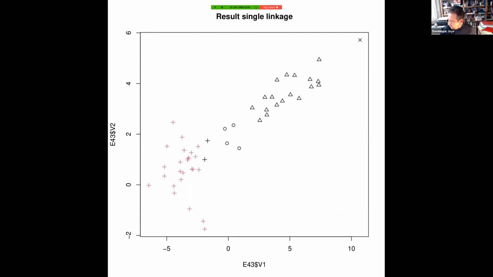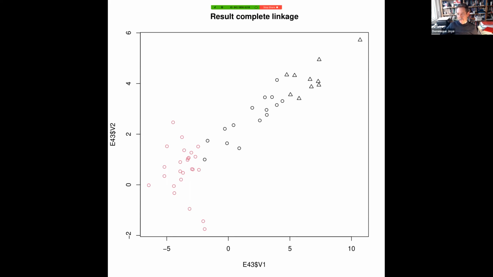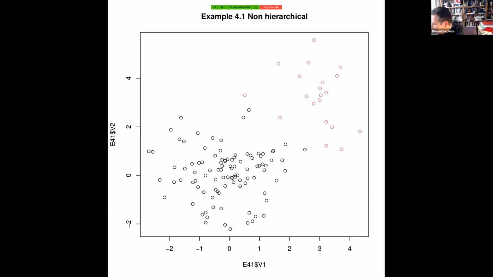With 3 groups, you have a group in the middle, you have some confusion here, and it's a little bit complicated to find a good structure with a single linkage because you have these points which are close together. And the complete linkage is not good at all in this case because you have just a triangle at the top right and a mix between the black and red in the lower part there. So that's my example for that.